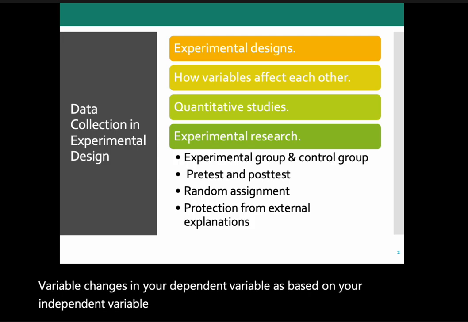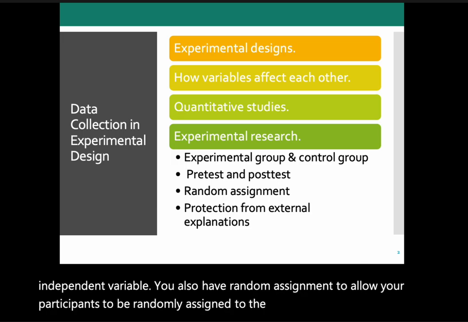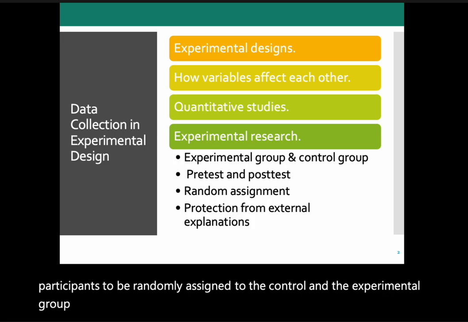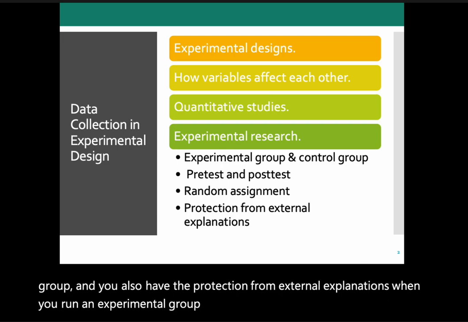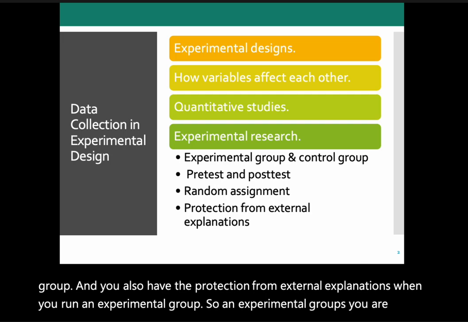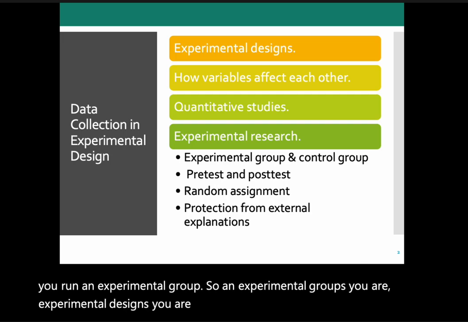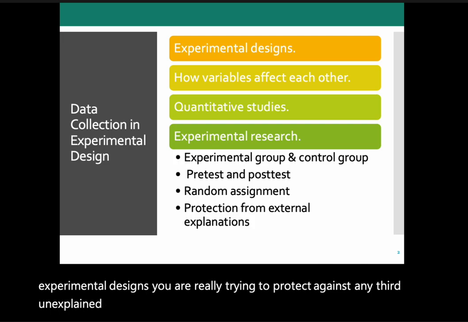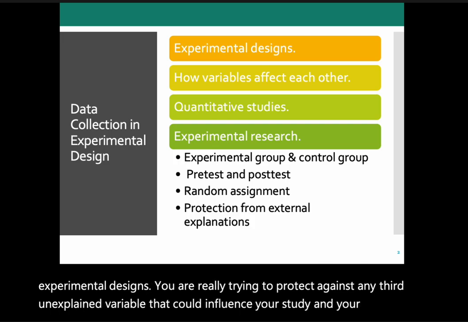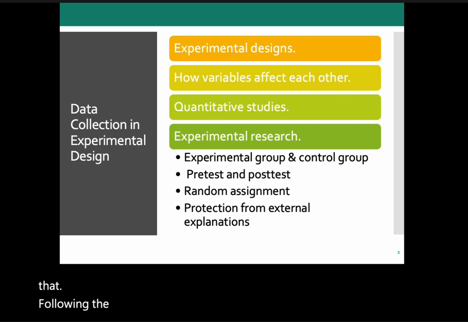You also have random assignment to allow your participants to be randomly assigned to the control and the experimental group. And you also have the protection from external explanations when you run an experimental group. So in experimental designs, you are really trying to protect against any third unexplained variable that could influence your study. And you're doing that by following the standardized procedures.